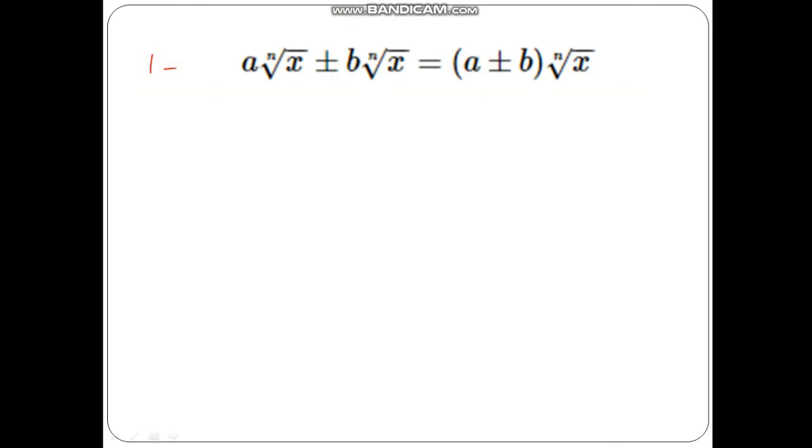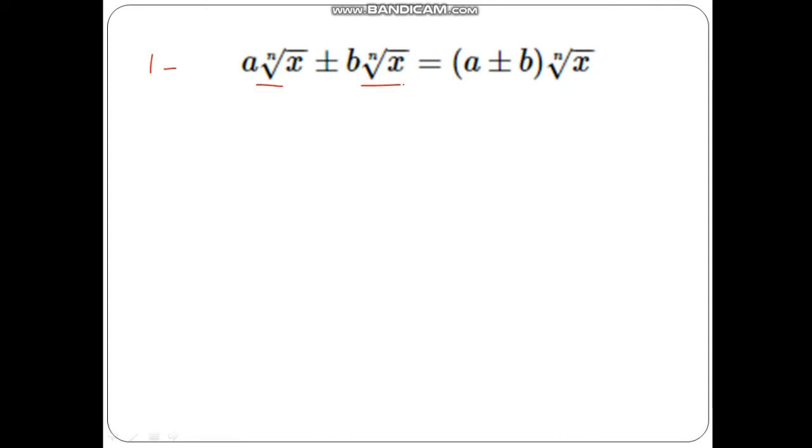Number 1, you can see that in step 1 we have to check whether they are similar surds or dissimilar surds. They are similar surds. It will be very easy for you if you consider the surd as a variable.